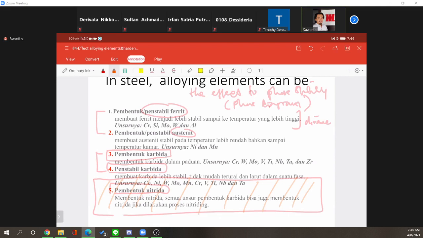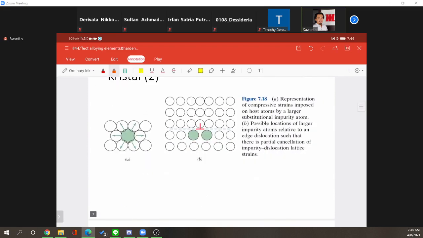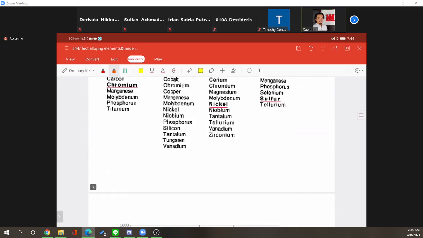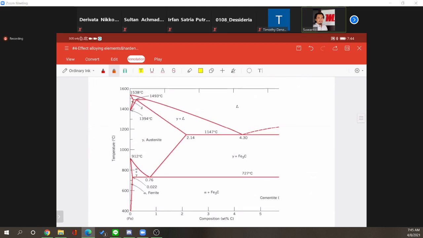Then something that easily forms carbide, and something that does not easily form carbide. And then the fifth is something to do with nitride, but it only works for steel that contains nitrogen, for example stainless steel. We'll discuss it. So I will jump into this phase diagram and discuss it.